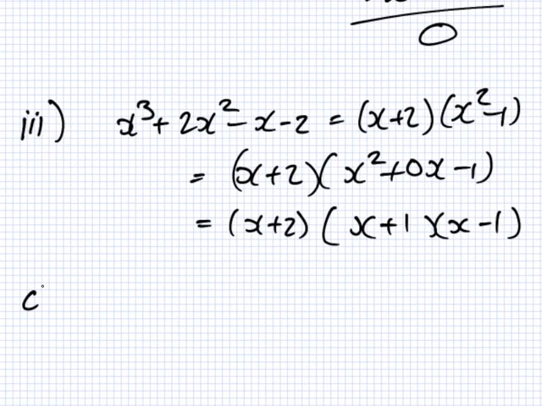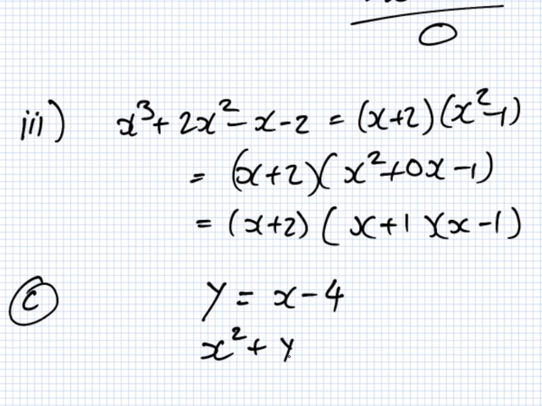Okay, C. Solve. y equals x minus 4. x squared plus y squared minus 3x minus 2y equals 9.